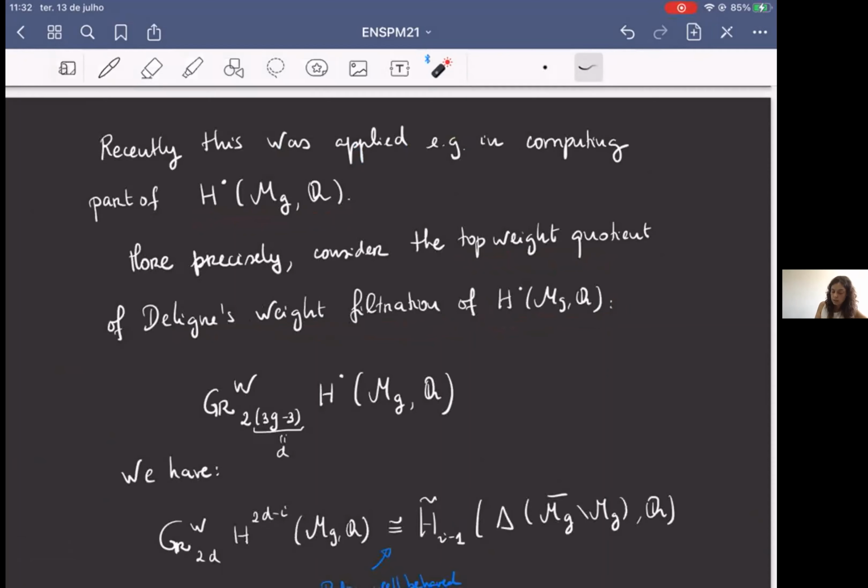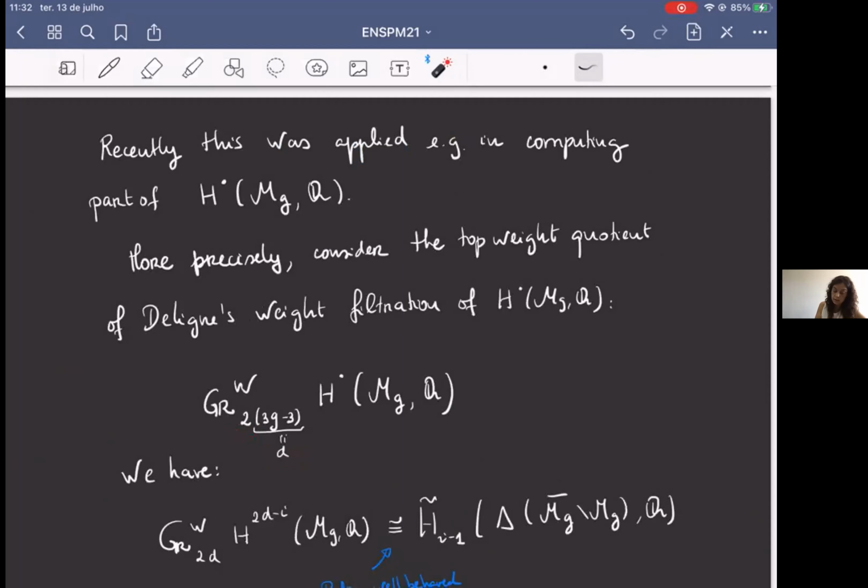You can construct the Deligne weight filtration for Mg, because this is a quasi-projective variety. And the top weight class is going to have weight twice the dimension, because of the properties of Mg.